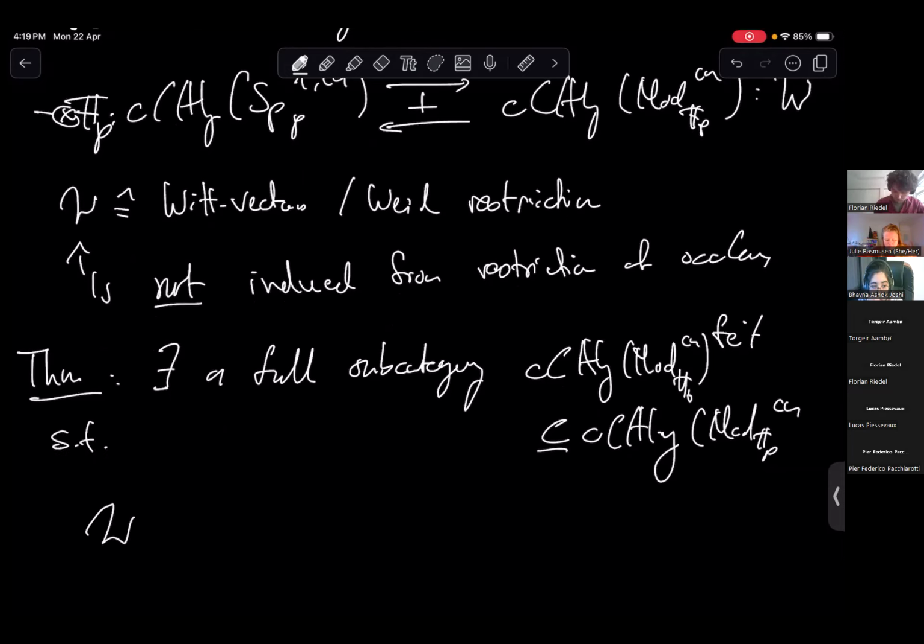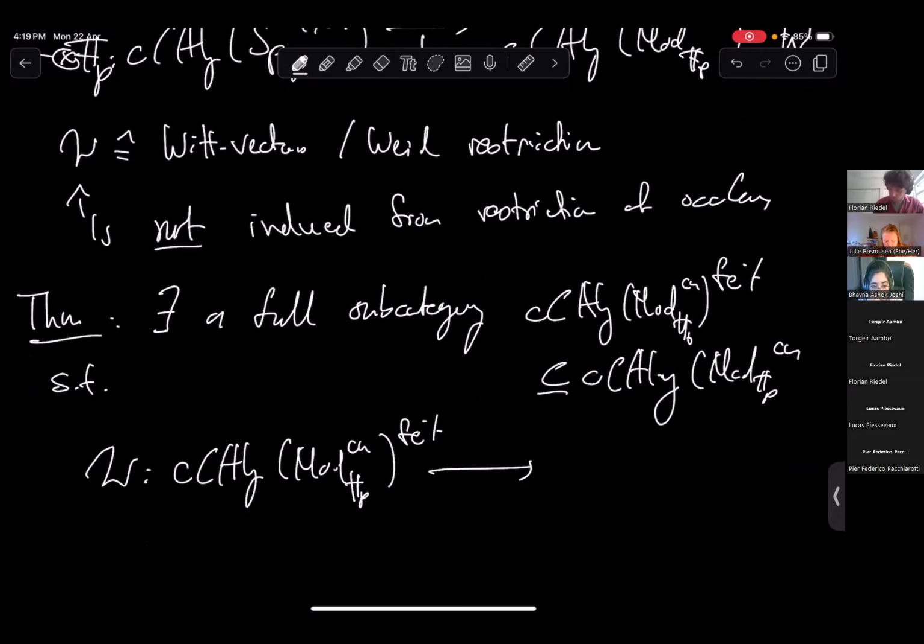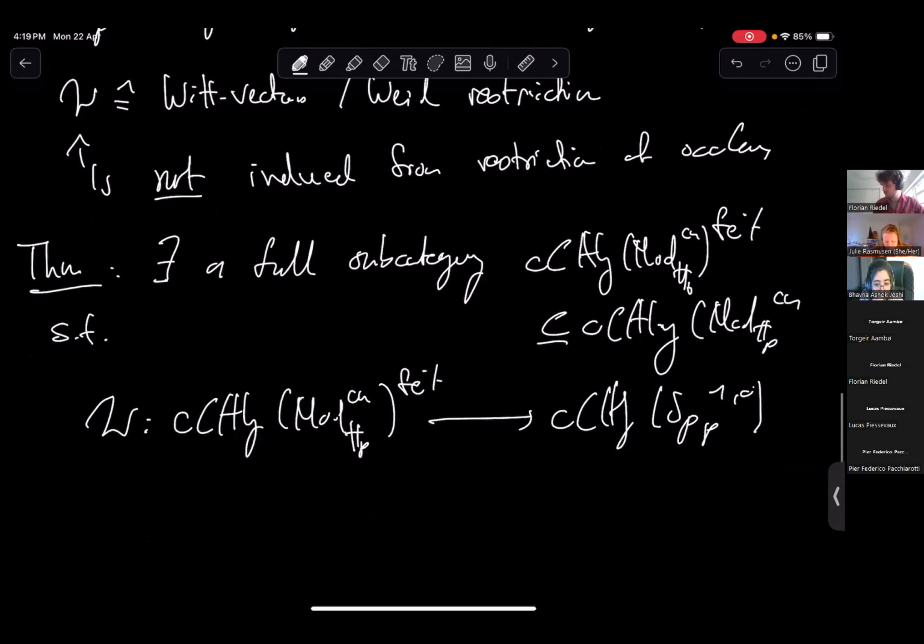such that W, this right adjoint I described, from this category to coalgebras and P-complete spectra is fully faithful.